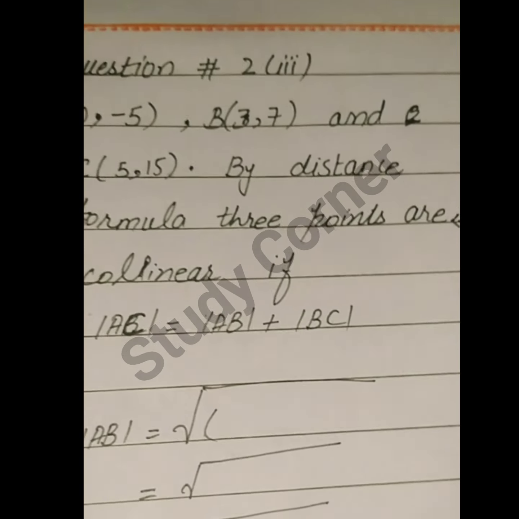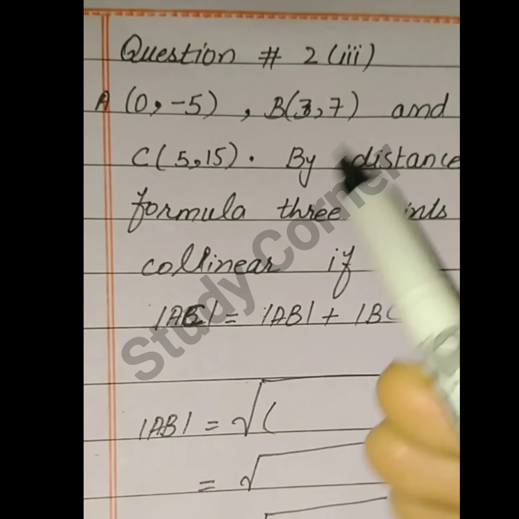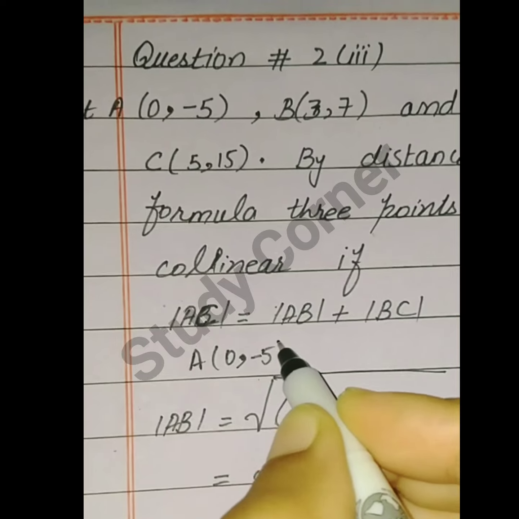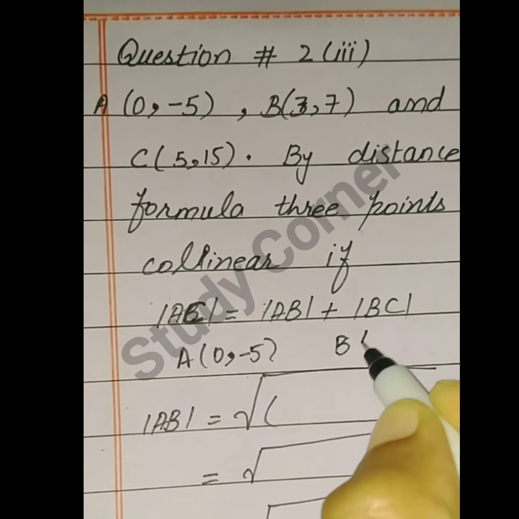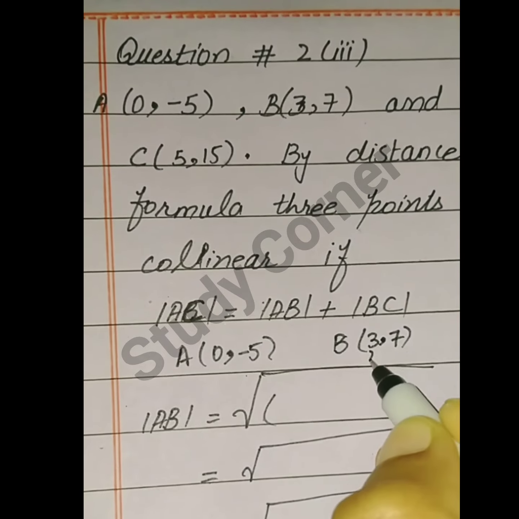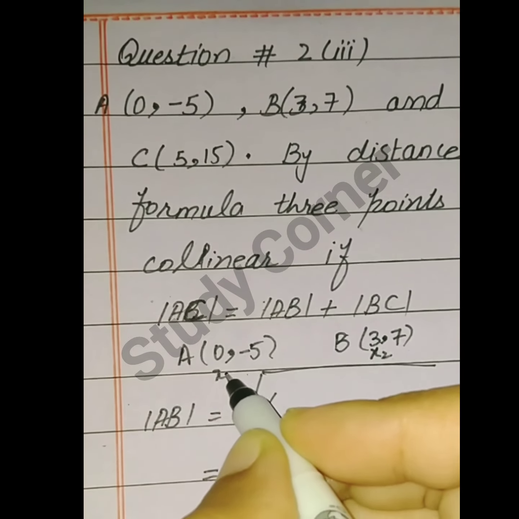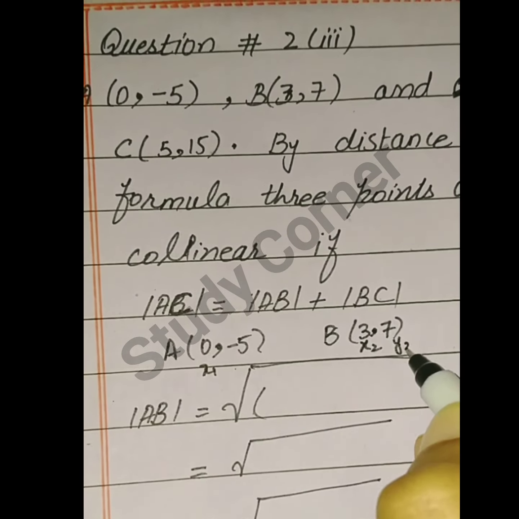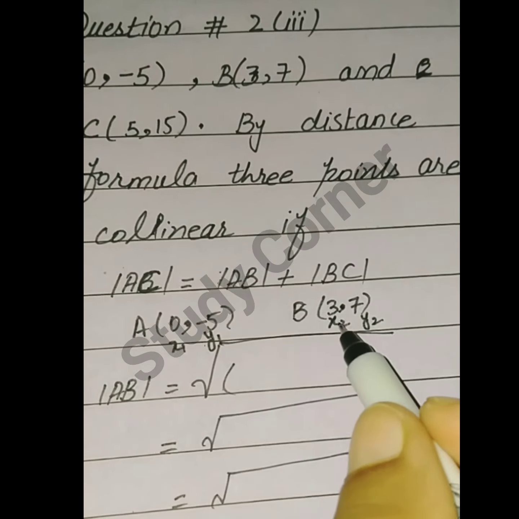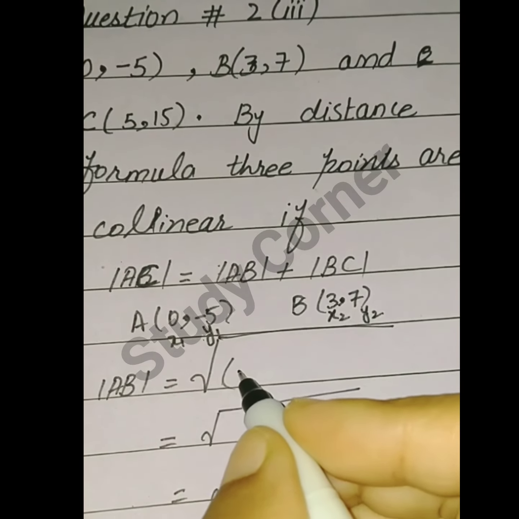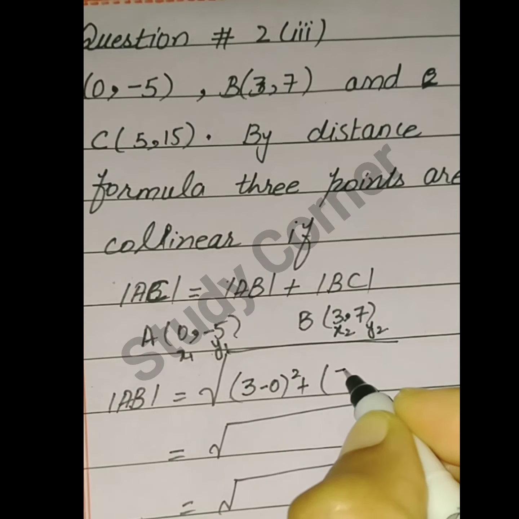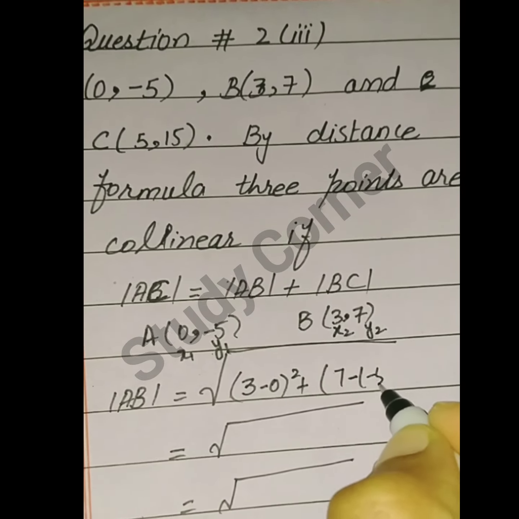So now we have to find the distances AB, BC and AC by using these points. AB: the point A is (0, -5) and the point B is (3, 7). We let this be x2, this x1, this y2, and this y1. By the formula, the square root of (x2 minus x1) whole square plus (y2 minus y1) whole square. So that is 3 minus 0 whole square plus 7 minus (-5) whole square.